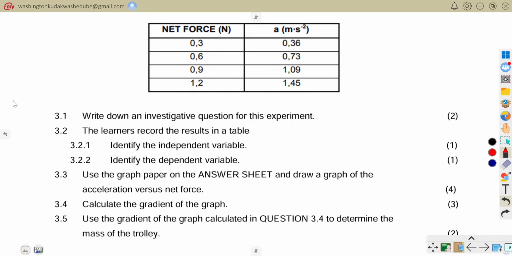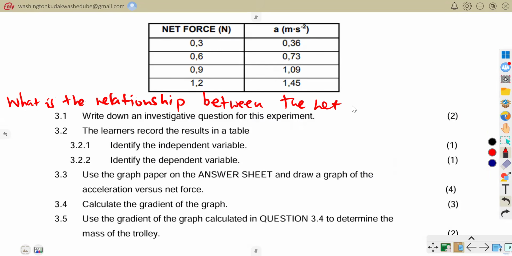So the investigative question would be to say, what is the relationship? We want to determine the relationship between the net force and the acceleration of the object.